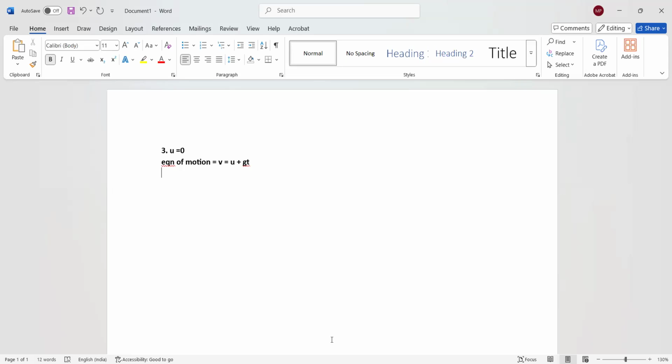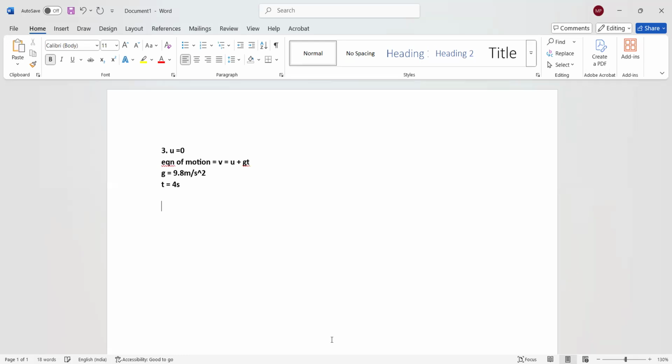So here G is given. G is 9.8 meter per second square, and time is also given, 4 seconds.